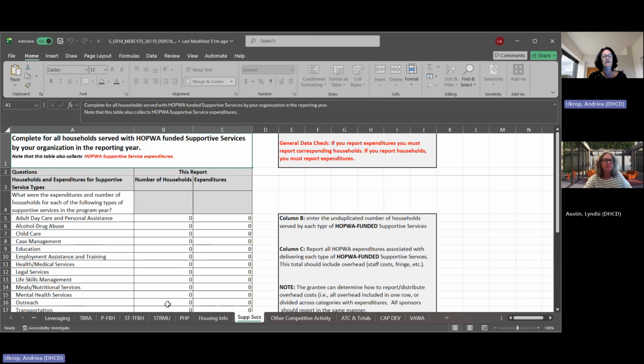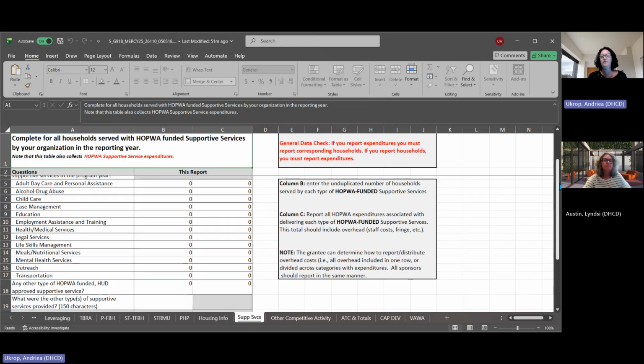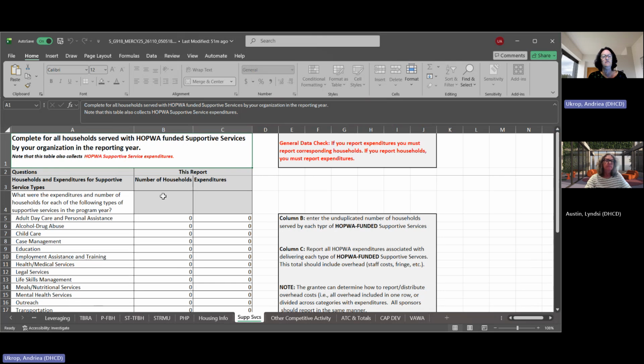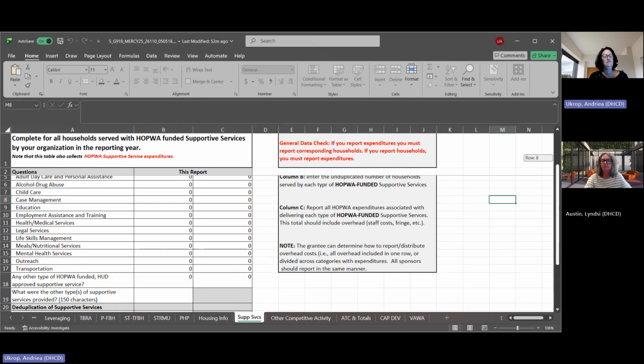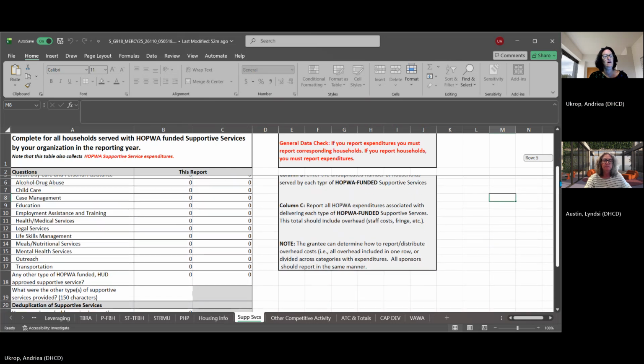So if you provide any of these services, then you will need to provide the dollar amount here in column C. We do want to note that case management is required here.